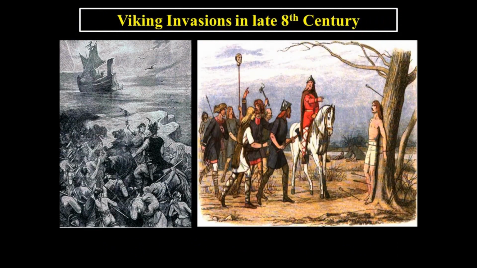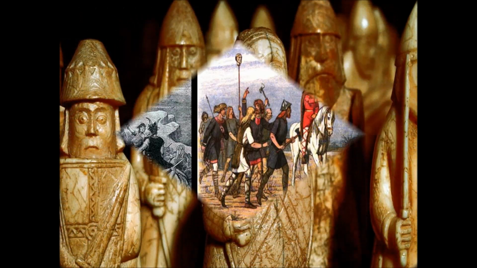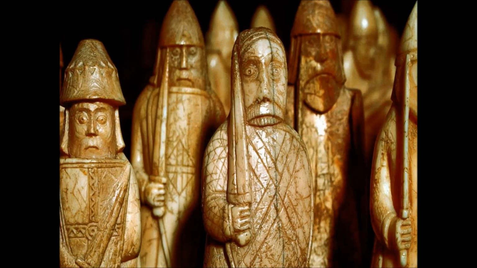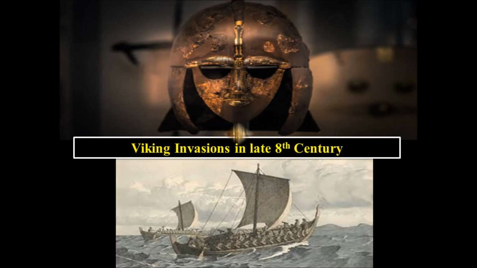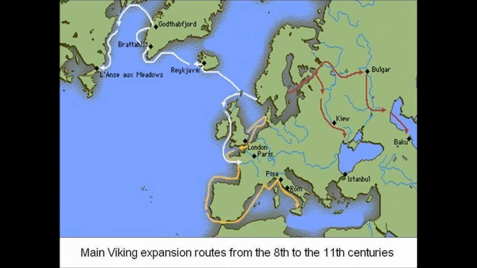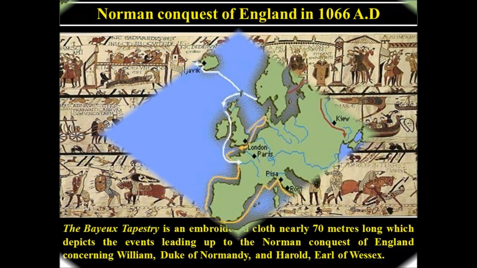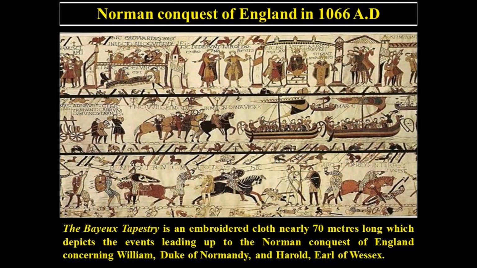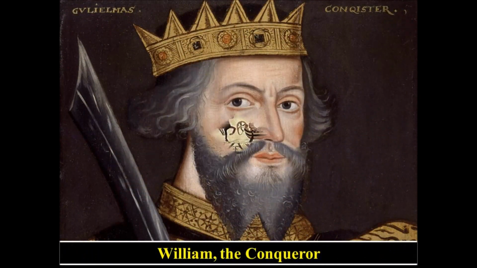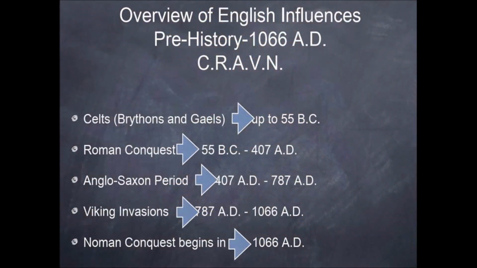So, in general, we can divide the entire history of the English language into various periods. The influence of the Celts, that is Britons and the Gaels, up to 55 BC. Roman Conquest from 55 BC to 407 AD.